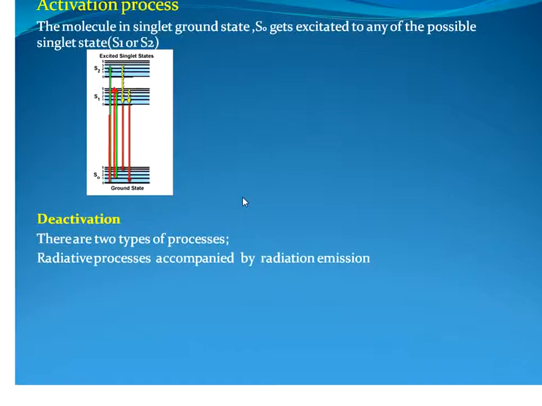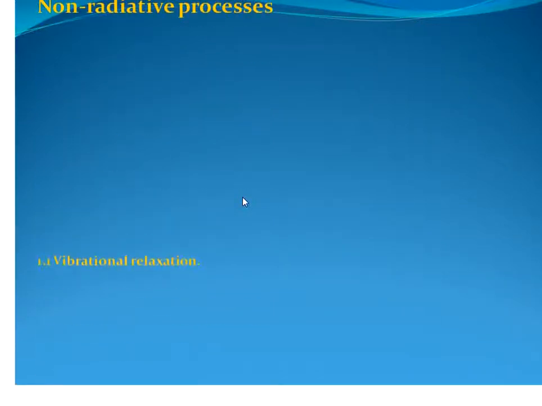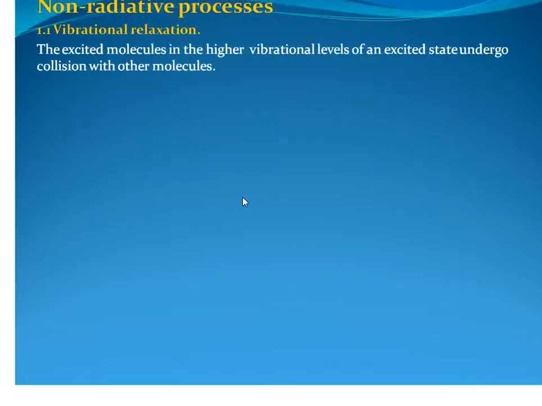One is the radiative process, accompanied by radiation emission, and the other is the non-radiative process, which is not accompanied by radiative emission. Now let's first look at the non-radiative processes. We have the vibration relaxation.